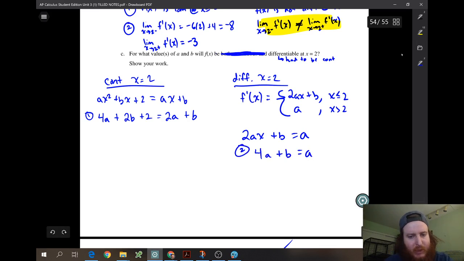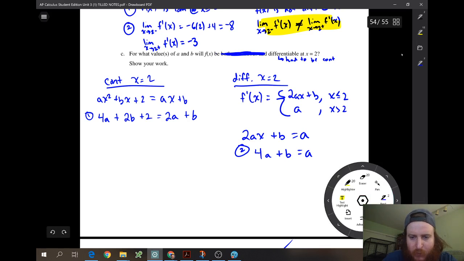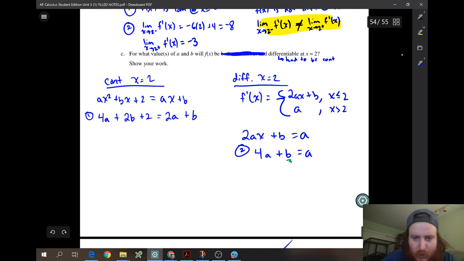So to me, the easiest place it looks like to solve for is for this b. But what I am going to do is I'm going to simplify the other equation, make it easier on myself first. So just kind of subtract the 2a, right? Maybe subtract the b. So 2a plus b plus 2 equals 0. Kind of just combine like terms before I plug in is a little bit easier. You don't have to, but it makes it a little bit easier. So let's solve for b on this second equation.